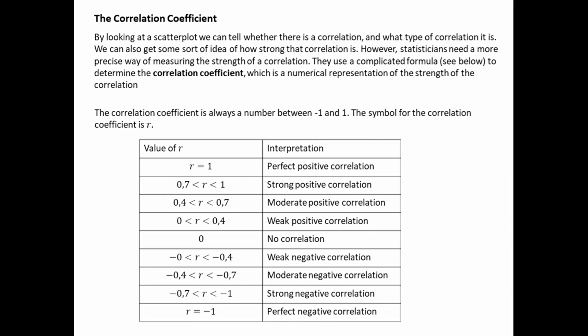Now, little warning, you'll see when you look in different textbooks and on different websites that the exact boundaries between strong and moderate and weak differ from source to source, but the main principle is that if it's a positive correlation, if it's closer to 1, it's a strong correlation. If it's closer to 0, it's a weaker correlation. And likewise with the negative correlations, if it's closer to -1, it's stronger. If it's closer to 0, it's weaker.